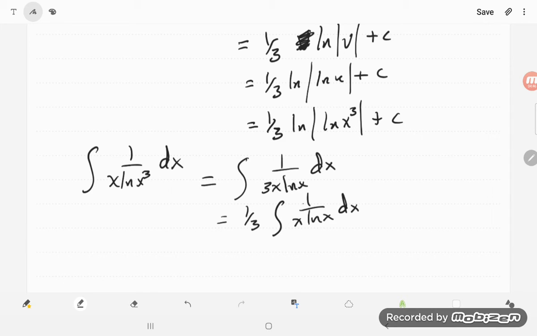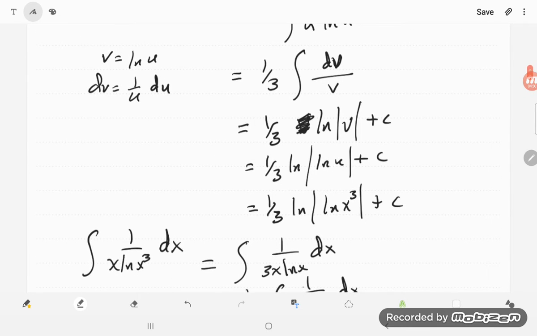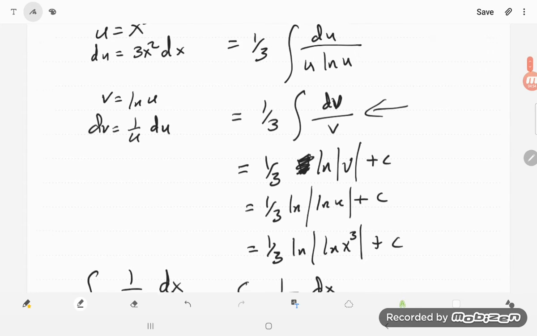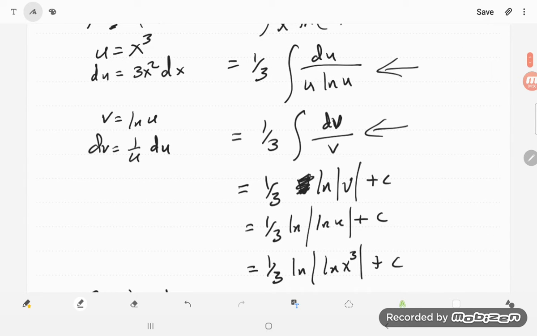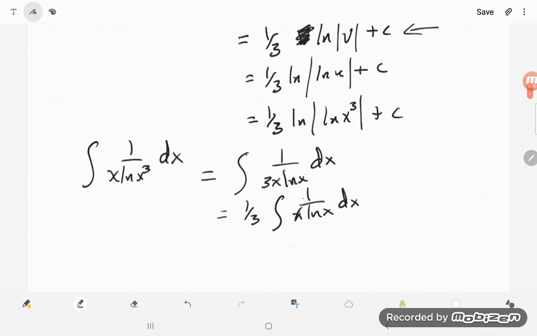Now, I could go through the substitution and so forth again, but hey, we just did this right there. Whoops, not there. Well, there. And we made our substitution, and so forth, and we got this.